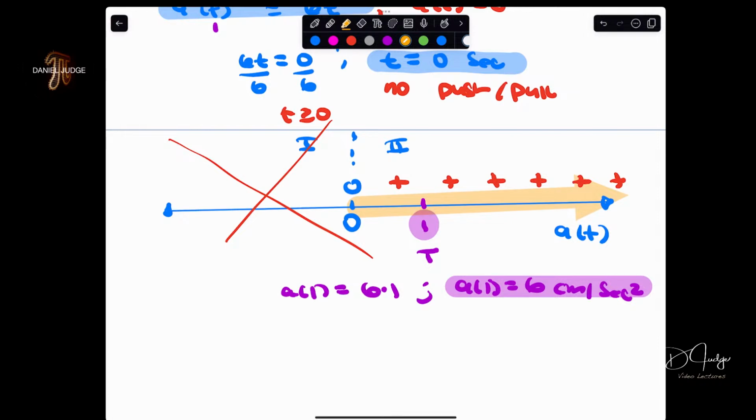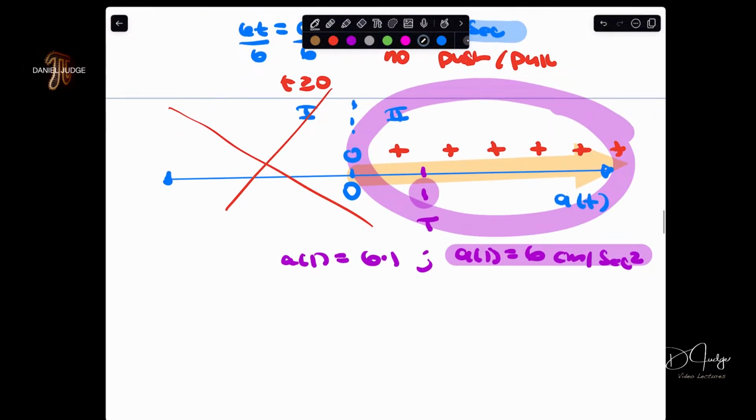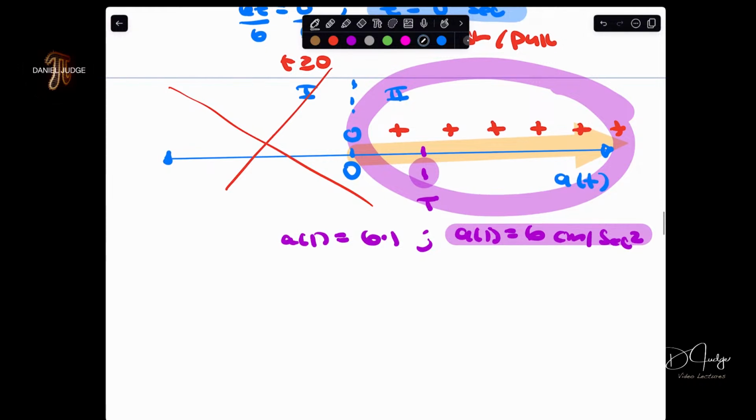I want you guys to understand an important detail. In this picture, there are only 2 situations. The particle has no push or pull at 0, and the particle is only being pulled in the positive direction. It's never being pulled in the negative direction because there's no interval in which you have negative acceleration. It is strictly positive acceleration or 0.